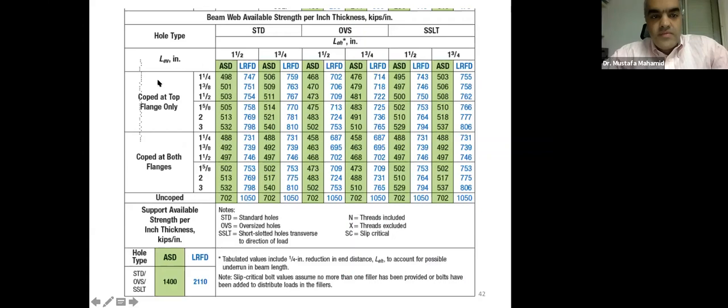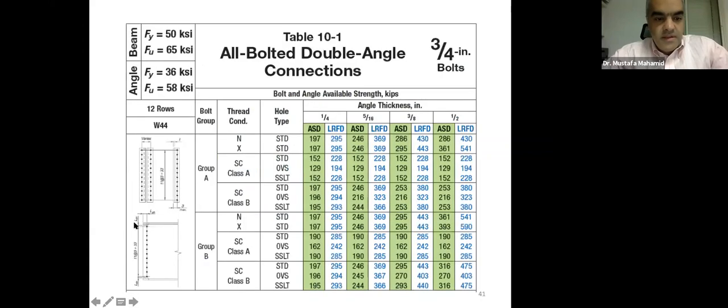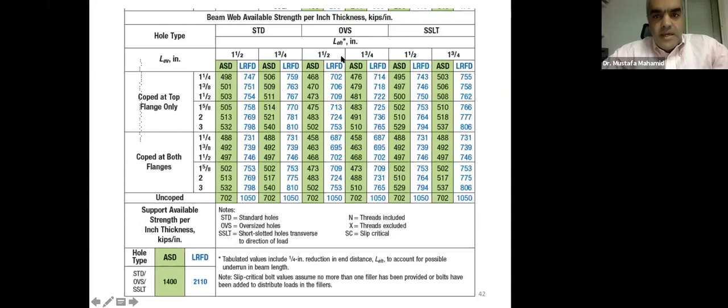So this is for LEV, which is given in the figure here. That's this distance, the vertical edge distance. And we have LEH, that's the horizontal edge distance. And we have, if it's coped, a top flange only, both flanges, and if it's uncoped. And also we have one thing here, which is support available strength per inch thickness.